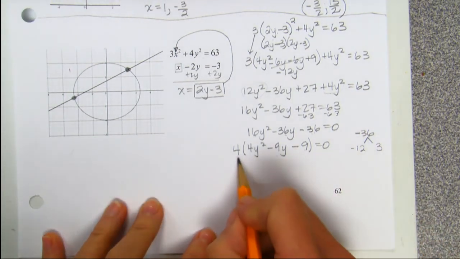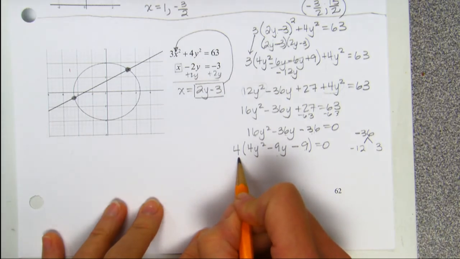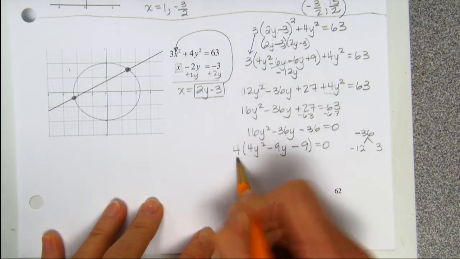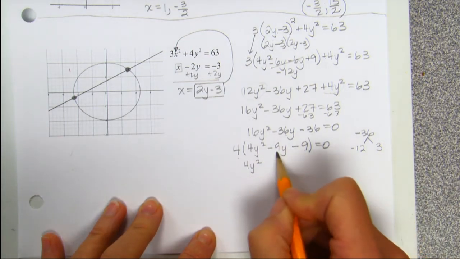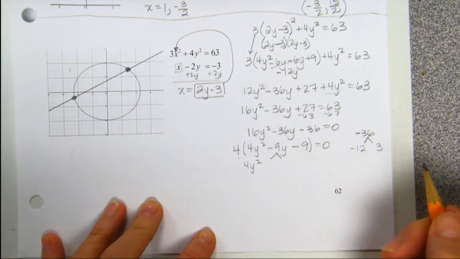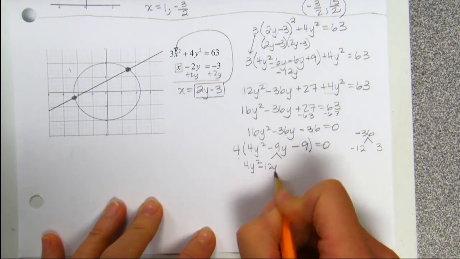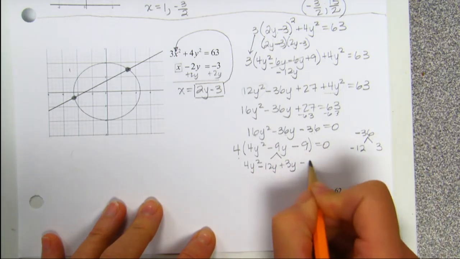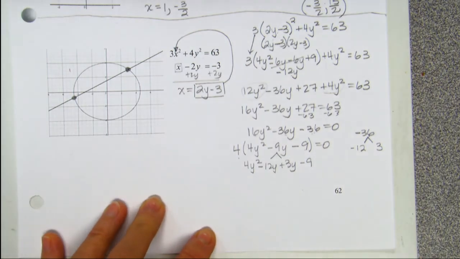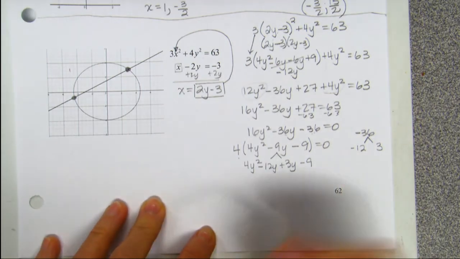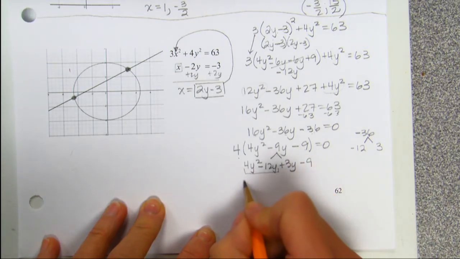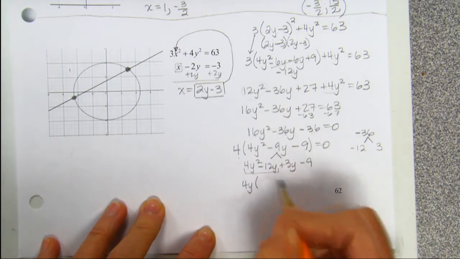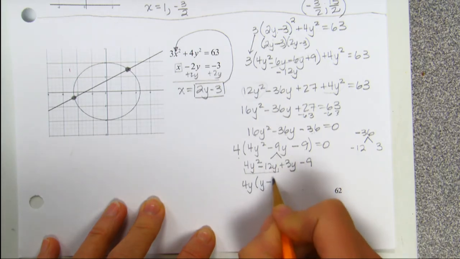All right, I'm going to hold off on this 4. Guys, this 4 that's out front, it's going to come down later, but let's just deal with the factoring right now, okay? We will bring down the 4y squared. We will split the negative 9y into minus 12y plus 3y. All right, looking at these front terms, we've got a 4y that they share in common, which leaves a y minus 3.